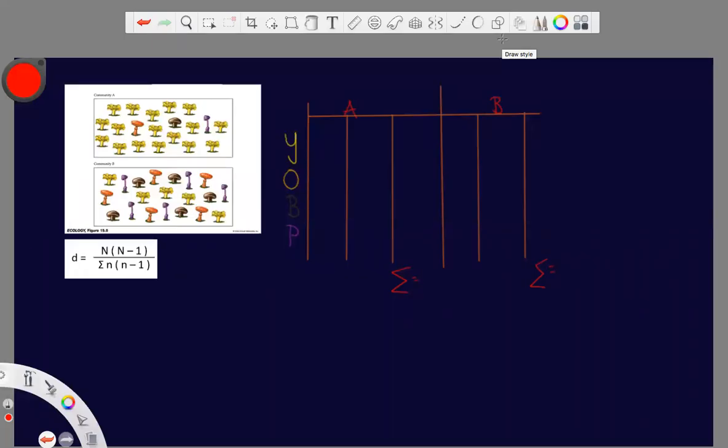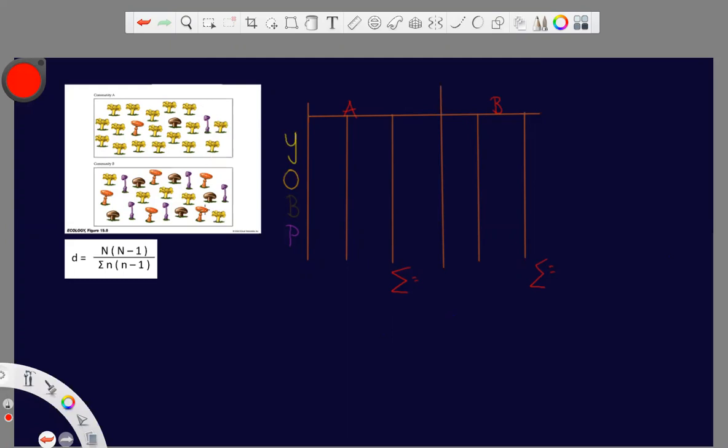Okay, so we're now going to calculate the index of diversity. As we said in the previous video, we're looking at these fungi. You've got community A, which has lots of yellow fungi, one orange, one brown, one purple.